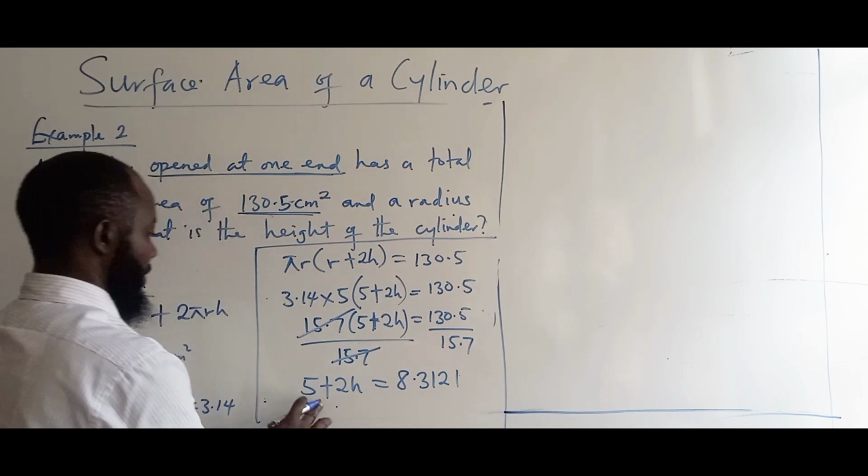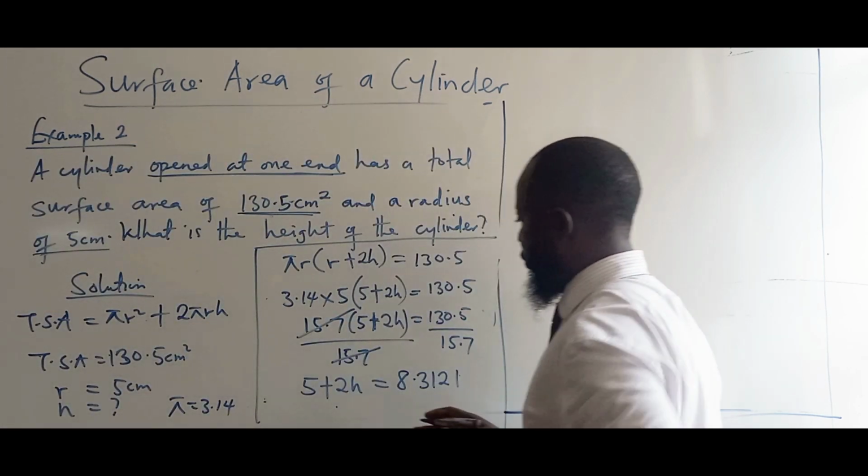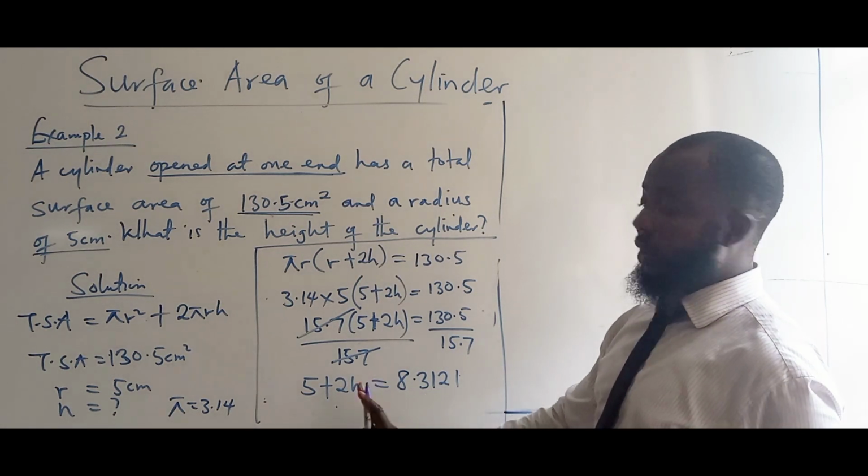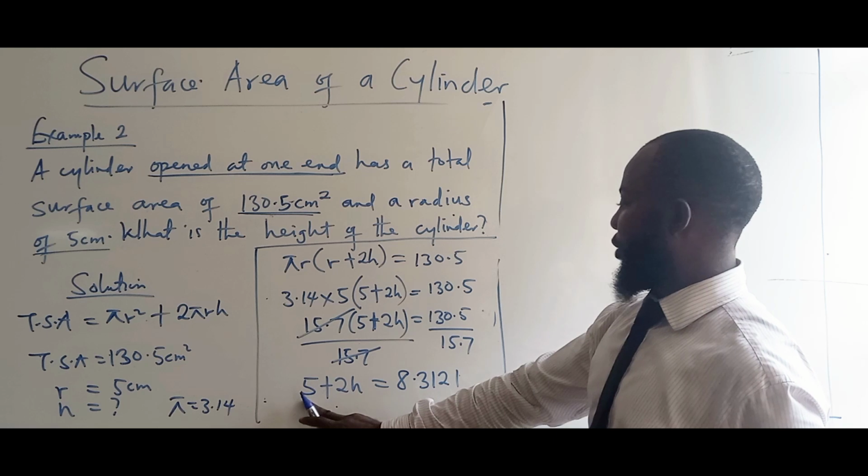Next stage is to collect like terms. Because what we're looking for is h, we need to remove the 5 first.